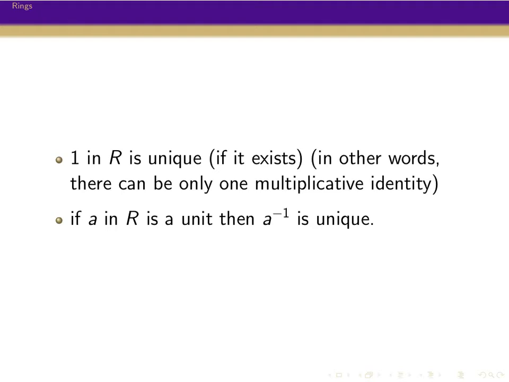There can only be one multiplicative identity. Similarly, if an element in R is a unit, if it has a multiplicative inverse, then that multiplicative inverse is unique. It can only have one multiplicative inverse. And again, this follows from the fact that multiplication is associative.